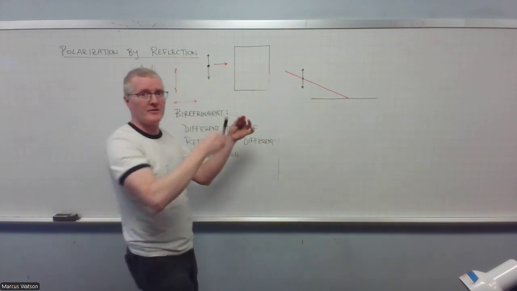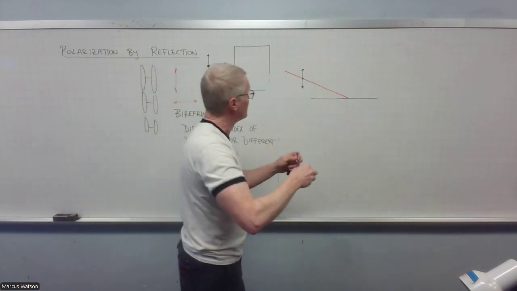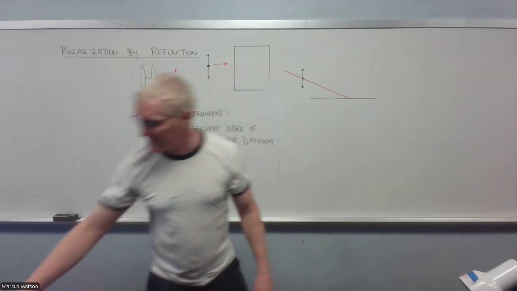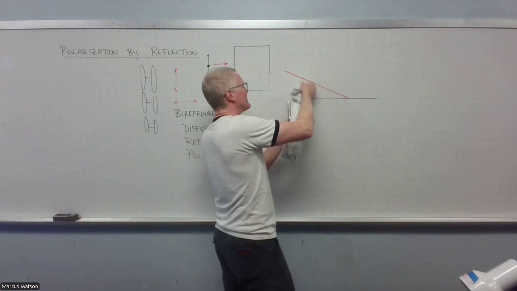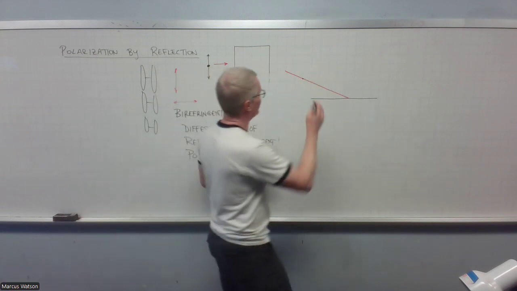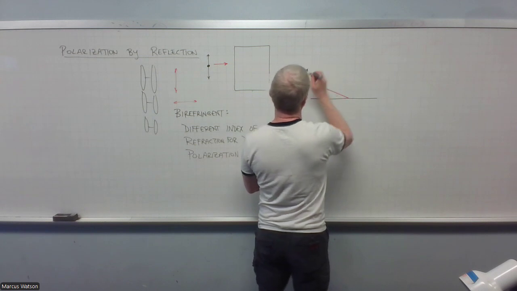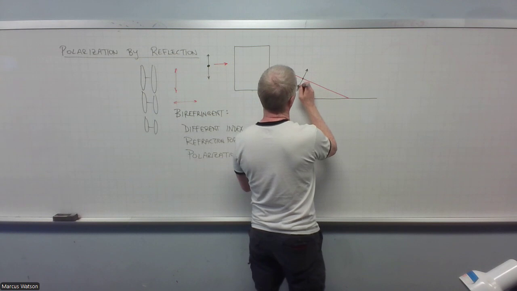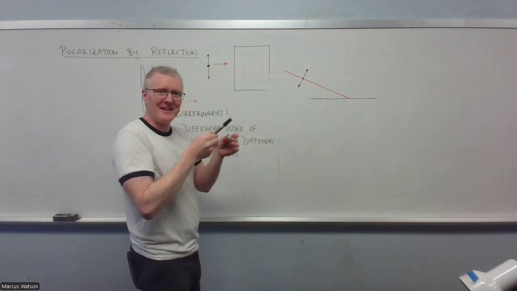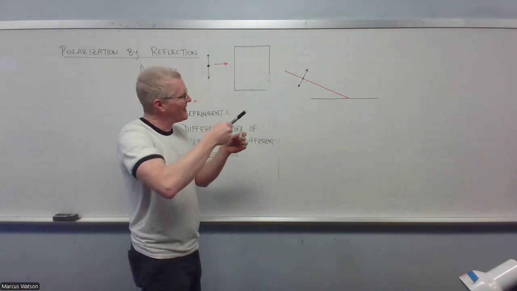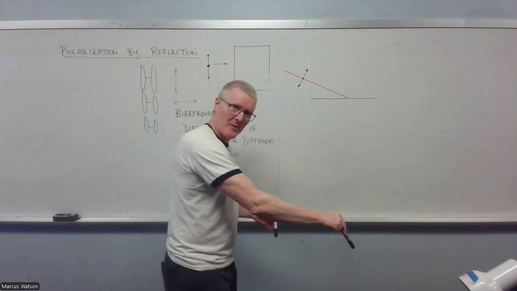It's coming in like this, and it's going and hitting the surface. Oh wait, whoops. I'm so dumb. It's got to be perpendicular to the direction of travel, folks. There we go. Okay, maybe that's a little better. Diagrams that don't work, that's not fun. So it's oscillating like this, and it's traveling that way.